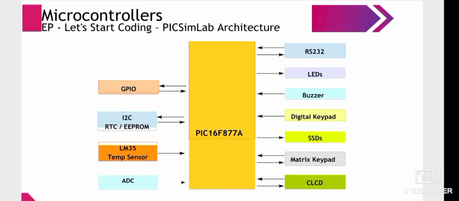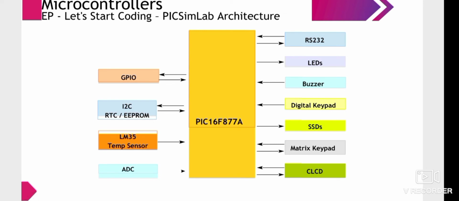In this architecture, we have GPIO (general purpose input output), I2C, a communication protocol, real time control, EEPROM memory, LM35 temperature sensor, analog to digital converter, RS232, LEDs, buzzer, digital keypad, SSDs, matrix keypad, and CLCD, the character liquid crystal display.